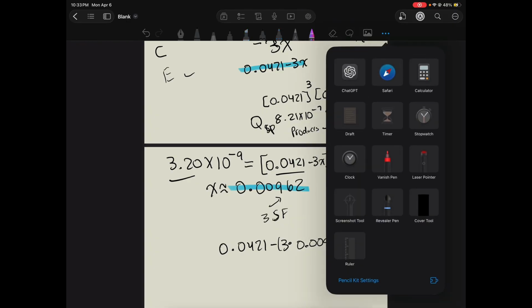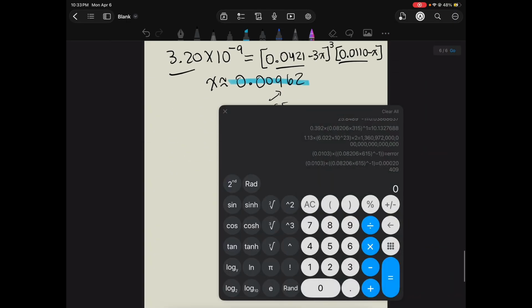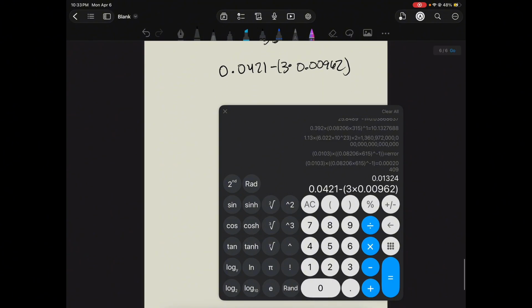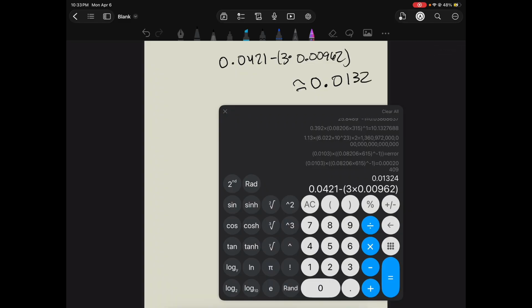Going into our calculator, again, 0.0421 minus 3 times 0.00962 gets us a value of about 0.0132, and it would be 3 sig figs.